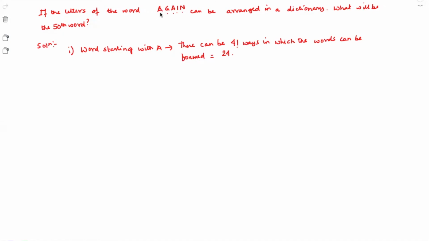So A's position is fixed. We are left with 4 letters, G, A, I, N. There is no repetition among those 4 letters for any particular letter. And these 4 letters can arrange themselves in 4 factorial ways. So when we talk about words starting with A, there can be 24 words which are formed when the letters of the word AGAIN are arranged. Then after A, if we go by the dictionary, we will have words starting with G.